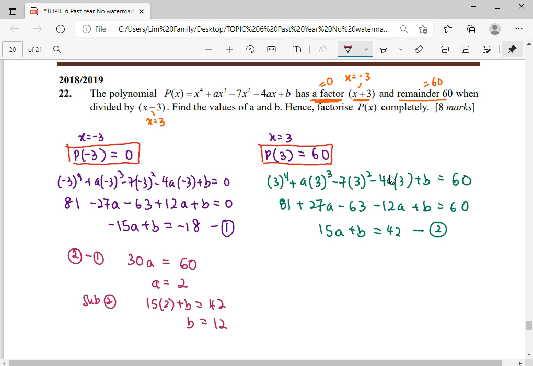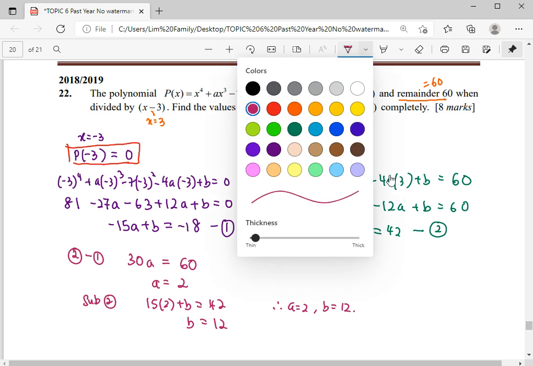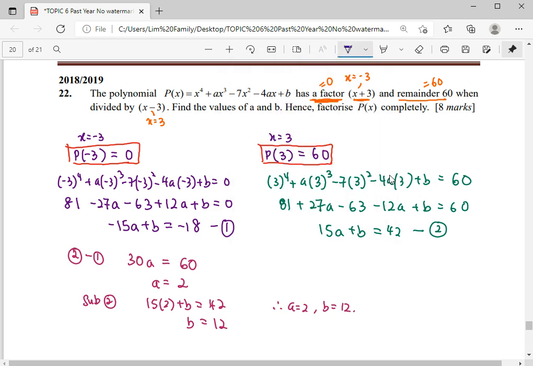Okay, so that will be our first part where our A is 2, B is 12. So therefore our polynomial will be complete in the values. Our polynomial now will be x to the power of 4, A is 2, 2x cubed.